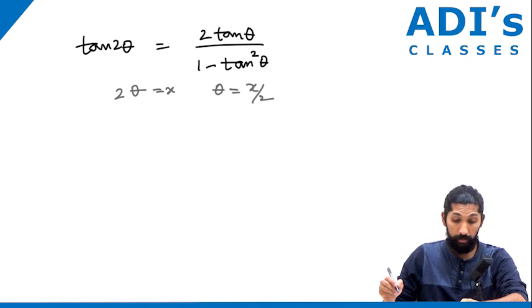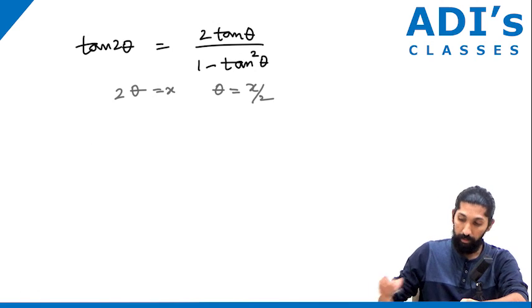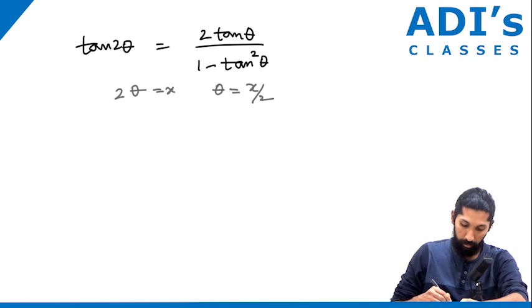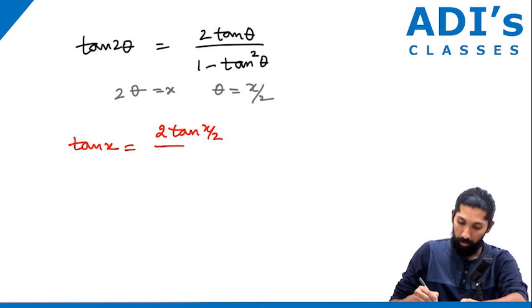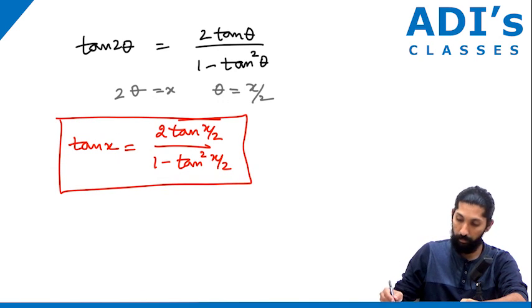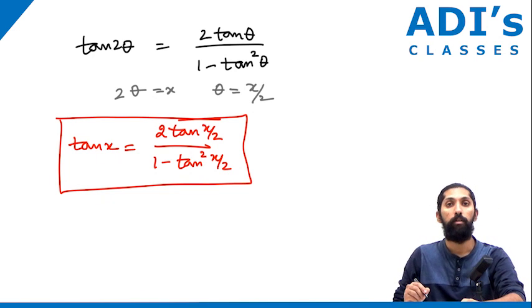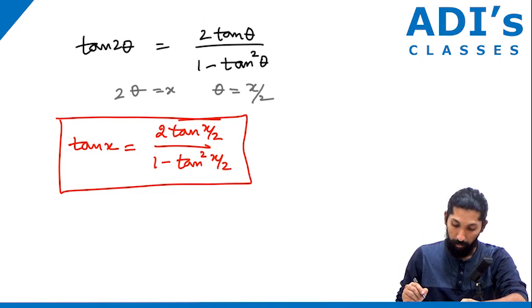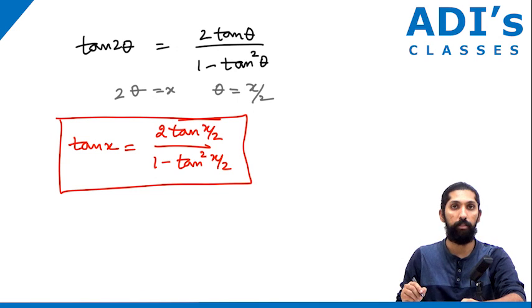Now, if you take this and apply, you are going to get tan x is equal to 2 tan x by 2 by 1 minus tan square x by 2.